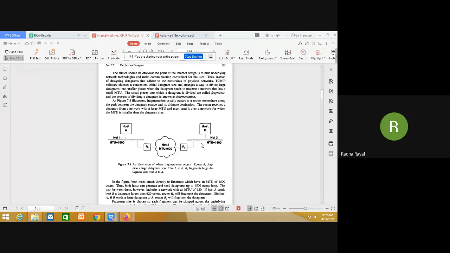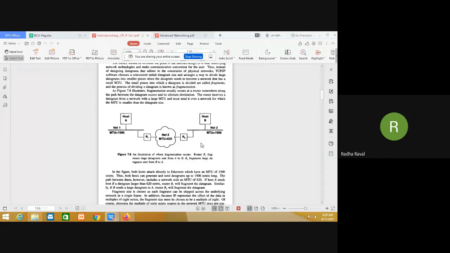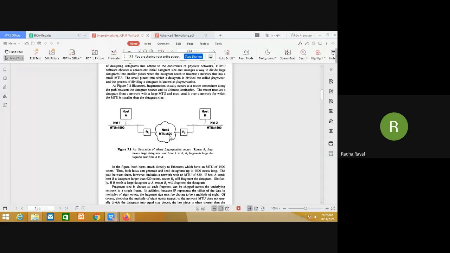In one frame you can put 1500 octets of data, not more than that. The path between them includes a network with an MTU of 620. Here the MTU size is smaller, 620, so it can't carry a datagram of 1500 octets.